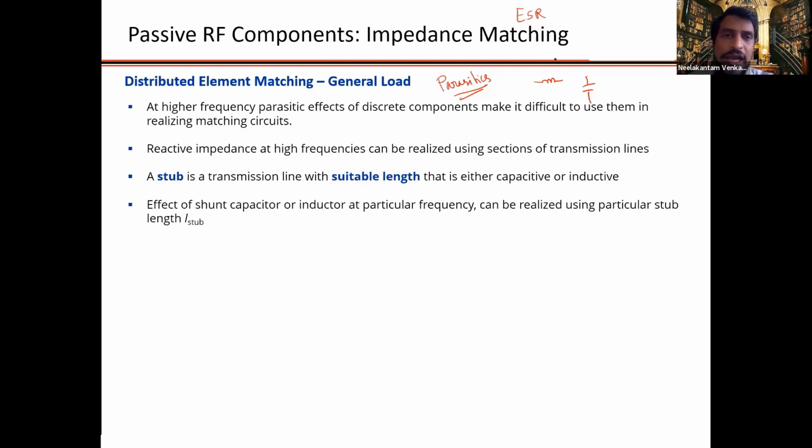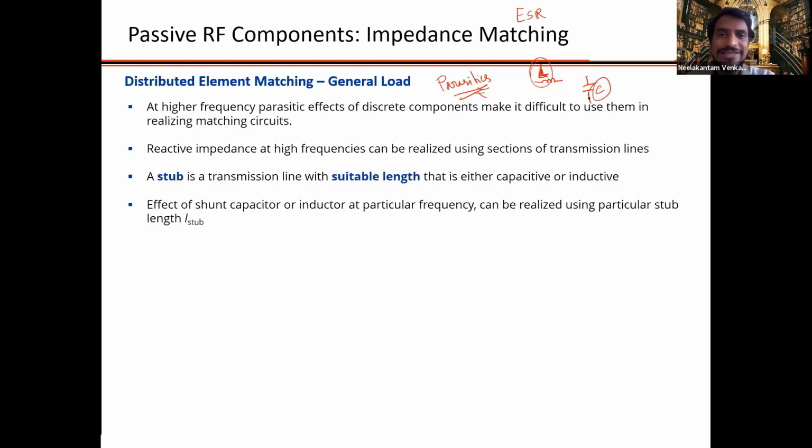So having just a pure, good quality L of a certain nanohenry is going to be very difficult as the frequencies keep going up. You will have to have smaller and smaller components. In general, due to parasitics, if you ask for L and C of a very precise value at a very high frequency, it's going to be very challenging to realize them.